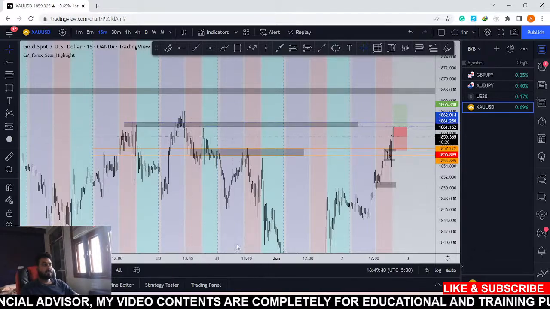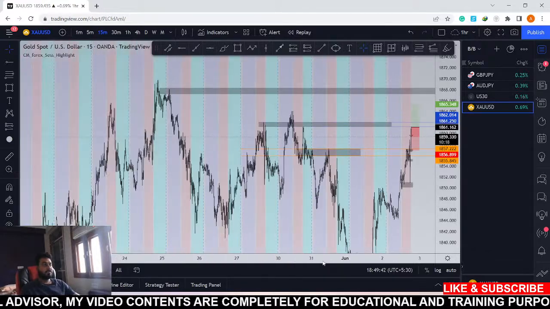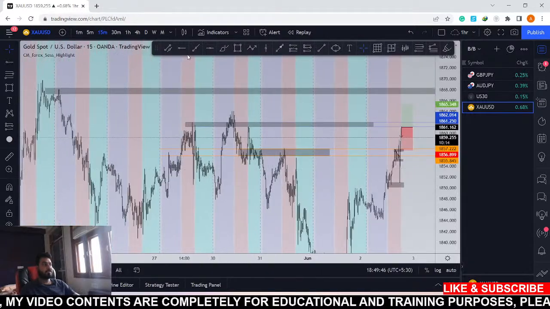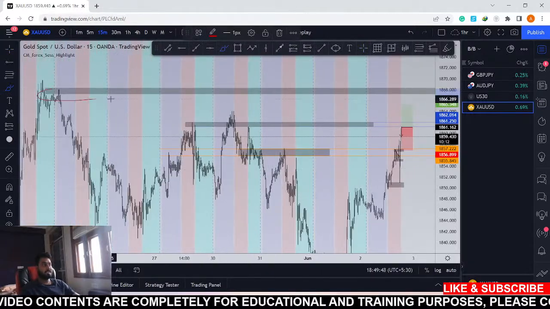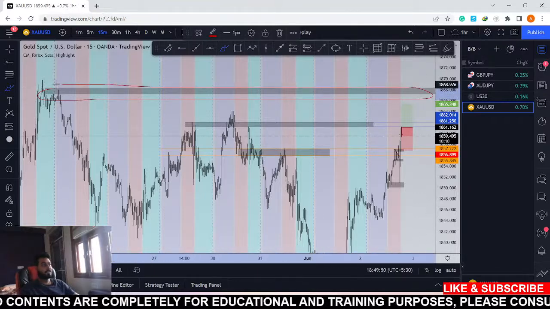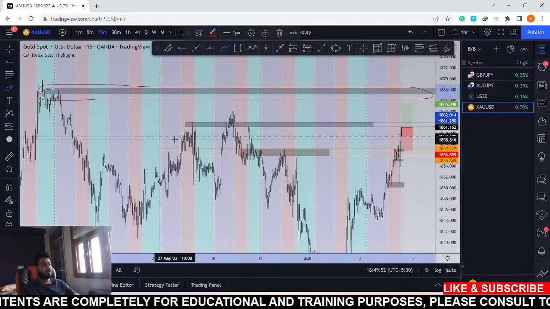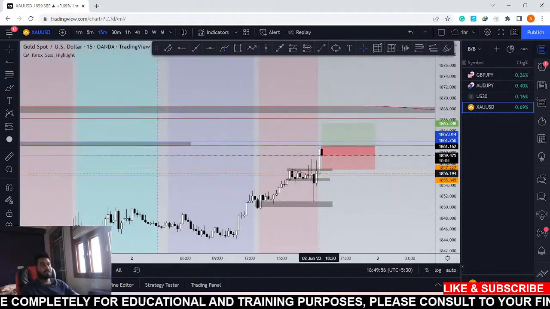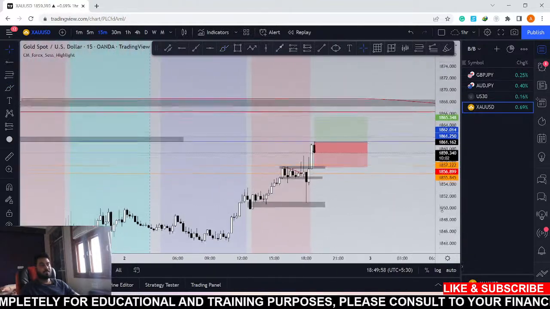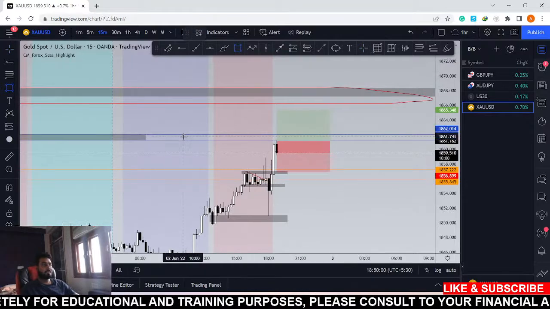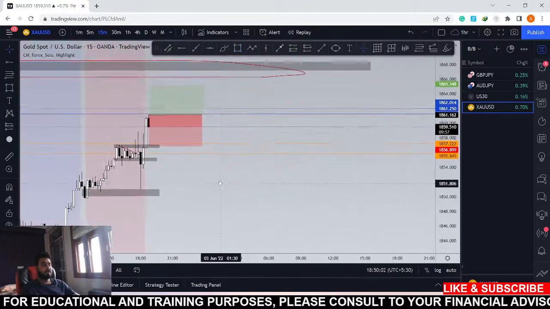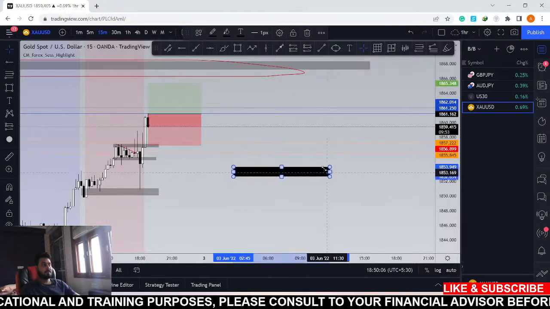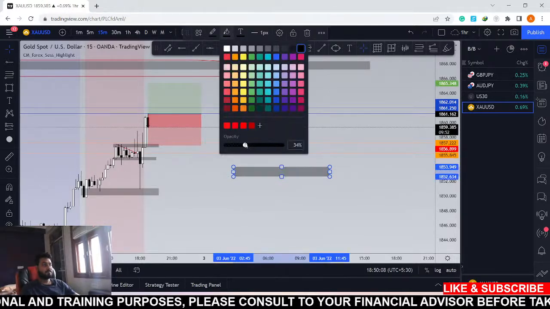But again, if you look at this, you will see one more resistance at this area. See this resistance. And why I try to take this entry is because I see a breakout.